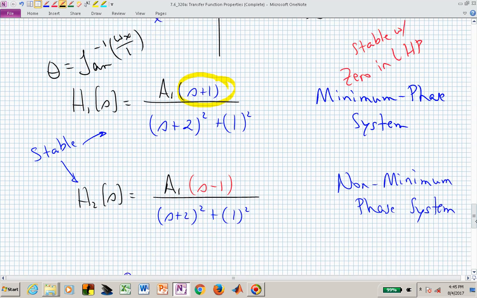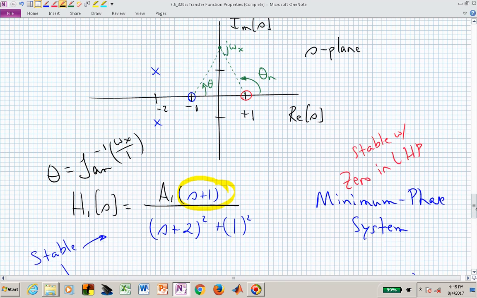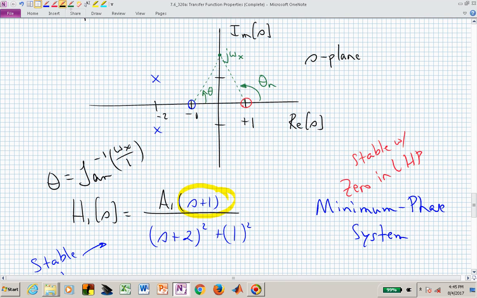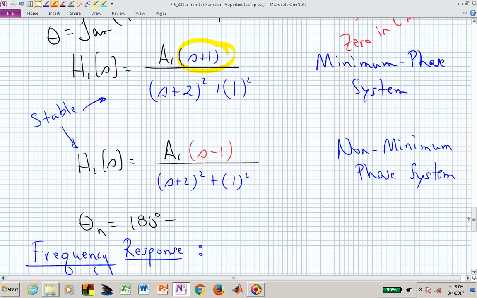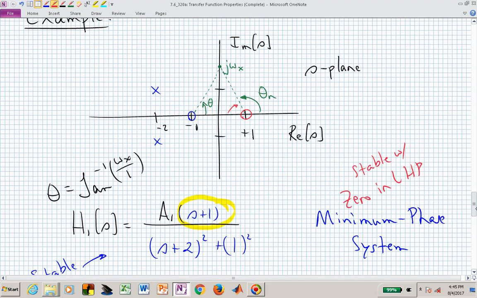Theta sub n is 180 degrees minus an angle that has an inverse tangent of omega x over 1. And I hope you can see, just visually, that theta sub n is an angle bigger than 90, while theta is an angle less than 90.